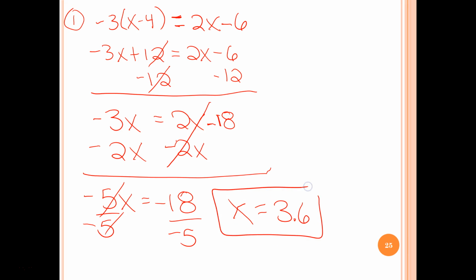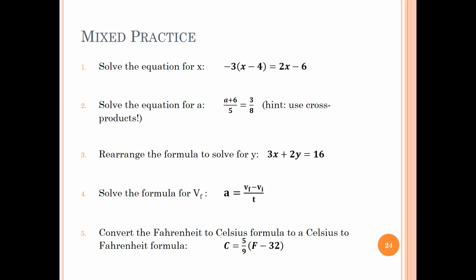And you can check your answer by substituting it back into that original equation. I'll let you try that, and you will see that both sides will balance. So that's our first result: x equals 3.6.